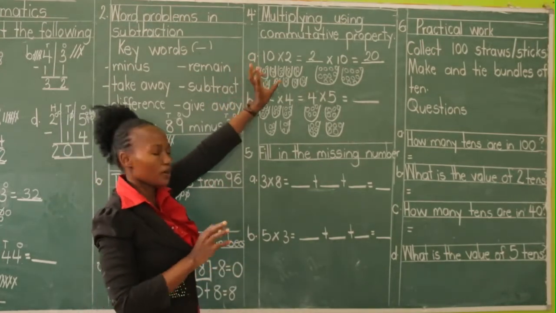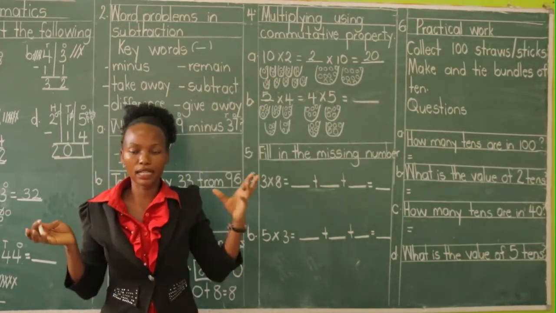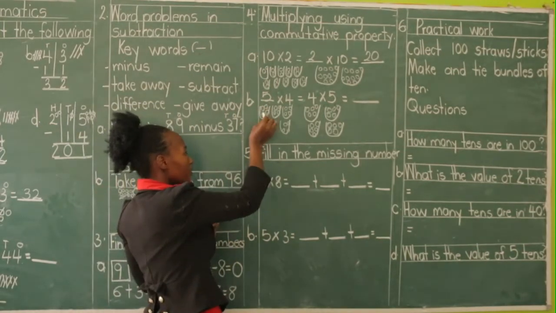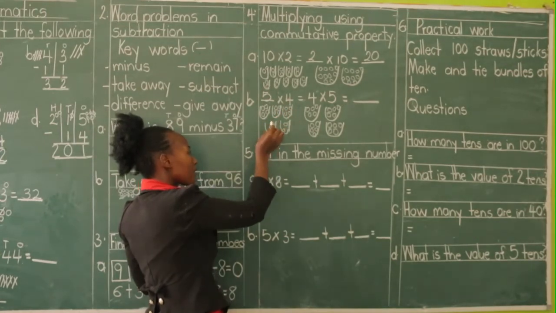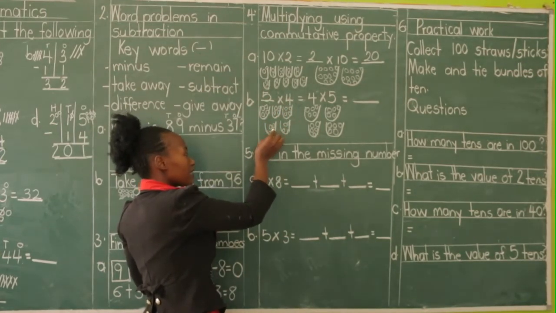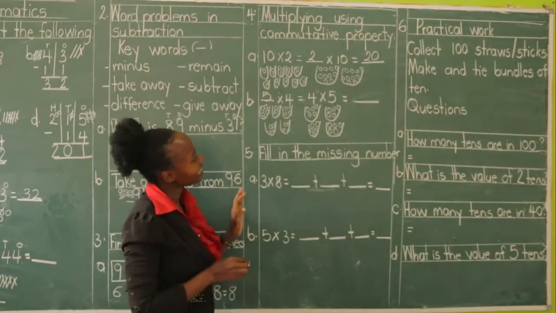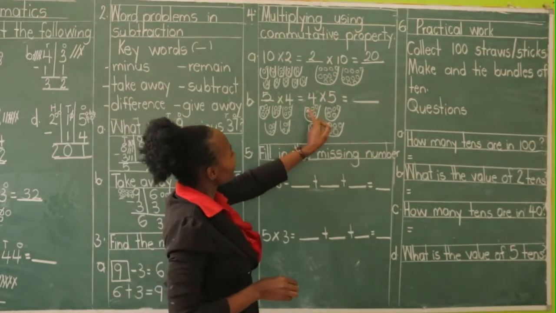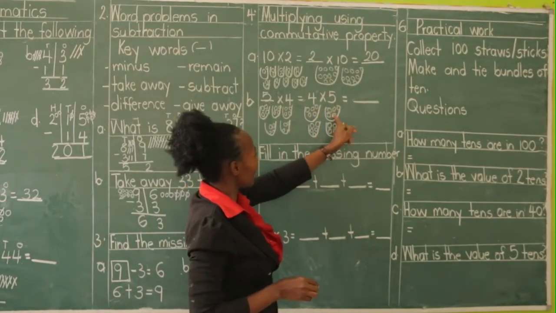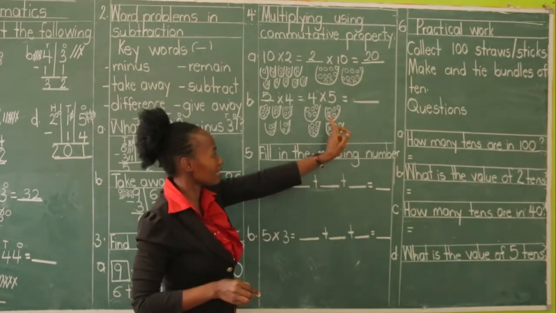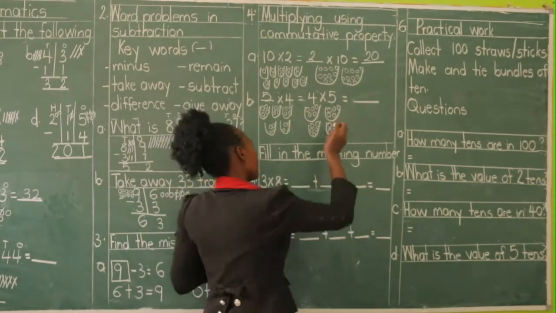Commutative property: it's a matter of changing those numbers, but you get the same answer. Counting, we get 20 in both cases.